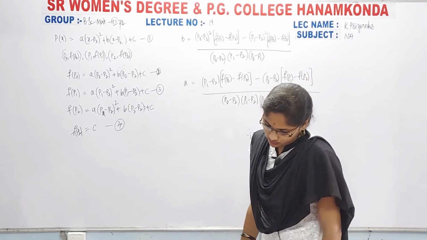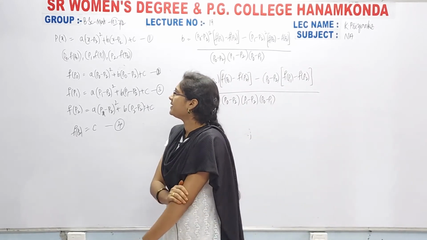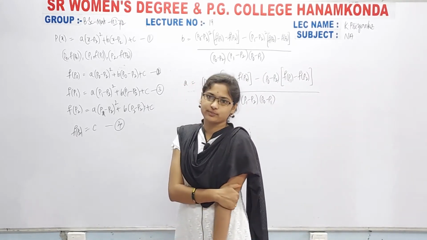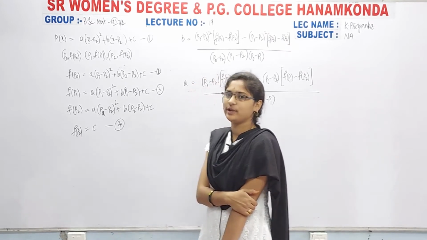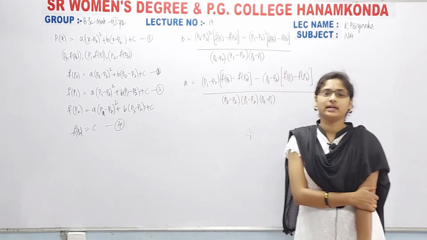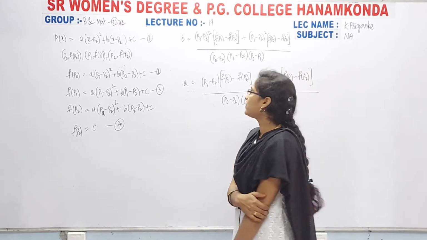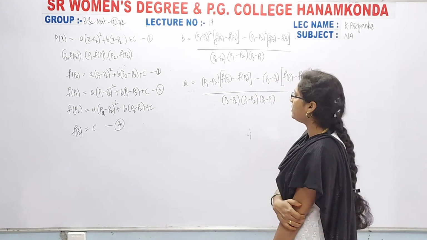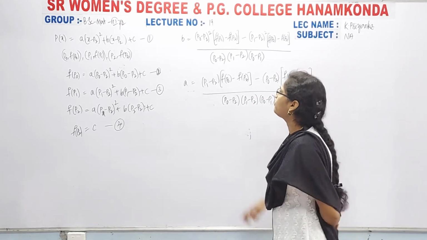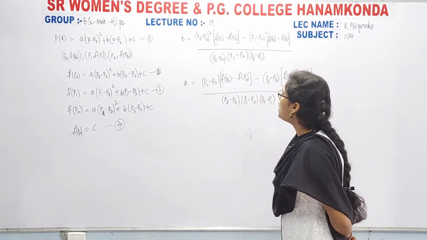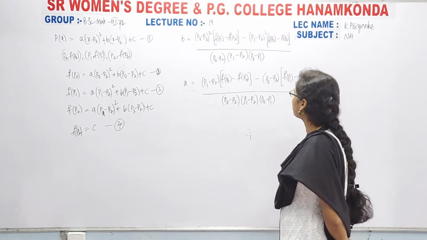Once again, see clearly. Generally here we have p naught, p1, p2, so by that we are calculating f of p naught, f of p1, f of p2. While calculating f of p2, we get the value of c. Next we take the formula for b, with p naught minus p2 whole square into f of p1 minus f of p2, minus p1 minus p2 whole square into f of p naught minus f of p2.